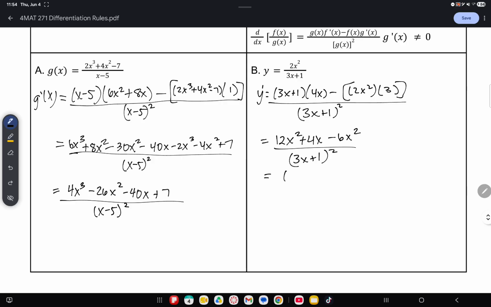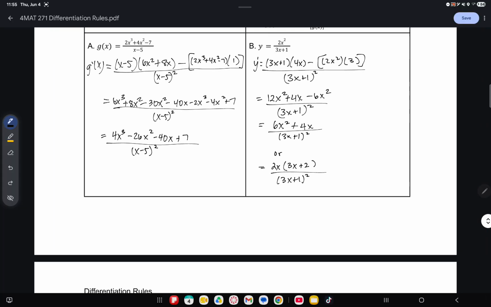And then that's going to leave me with, what is that, 6x squared plus 4x all over that 3x plus 1 squared. And here's where I would stop. I don't think taking a GCF out would get a 3x plus 1 factor to cancel out. But we could do GCF and say 2x. So then I'm left with 3x plus 2 over 3x plus 1 squared. But again, nothing cancels out to simplify, so I'm fine with that first one of 6x squared plus 4x over that 3x plus 1 quantity squared.